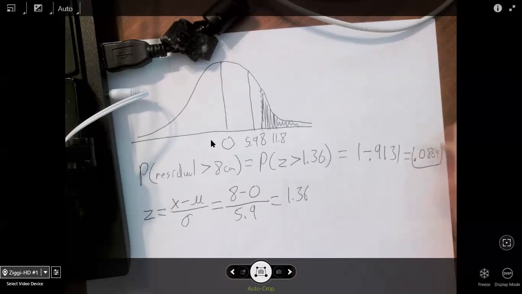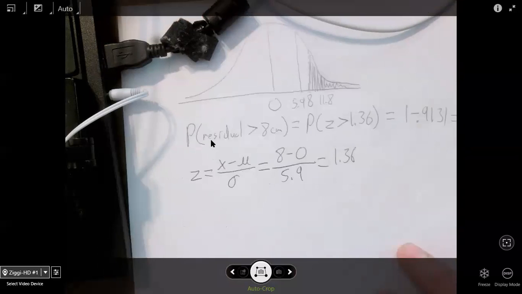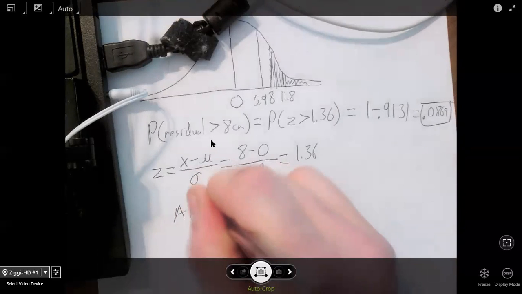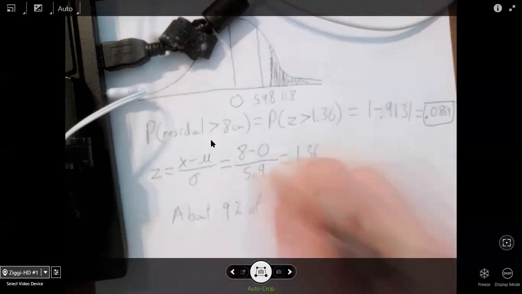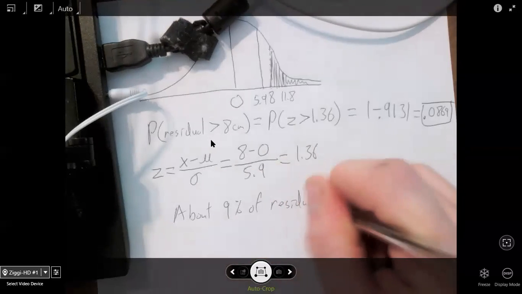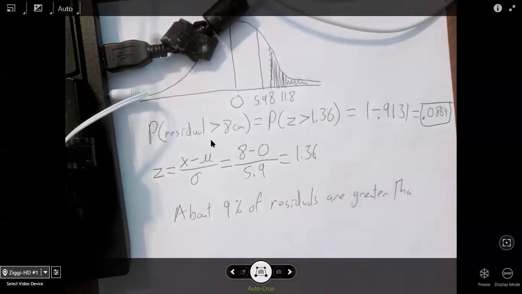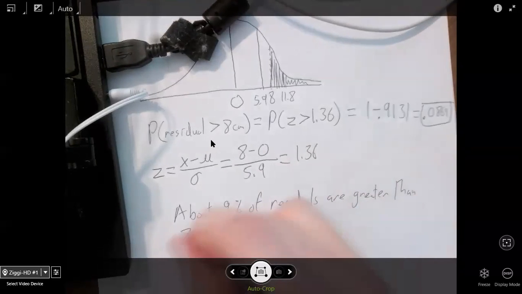And so you want to put your answer in context. About 9% of the residuals are greater than 8 centimeters.